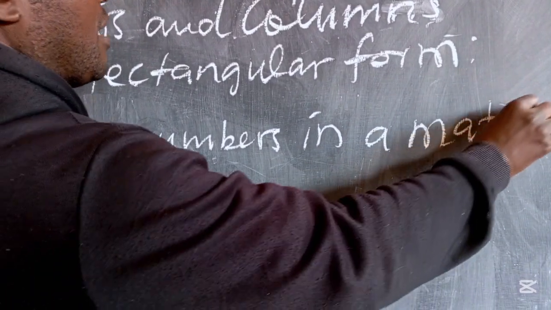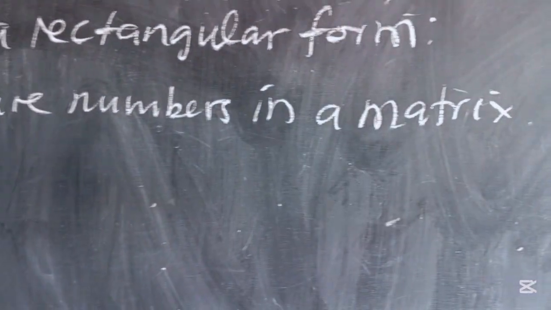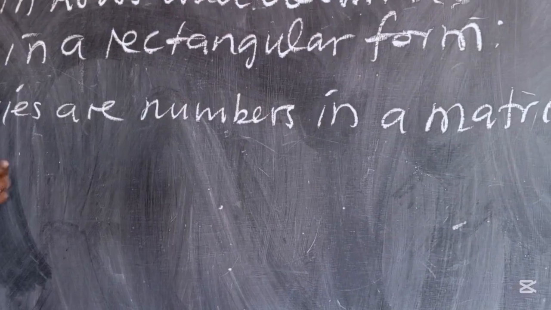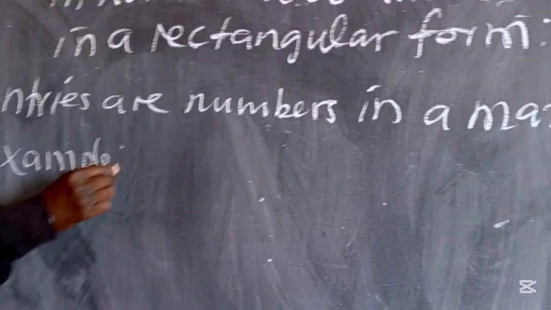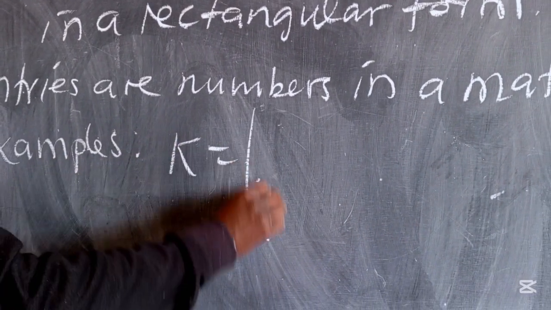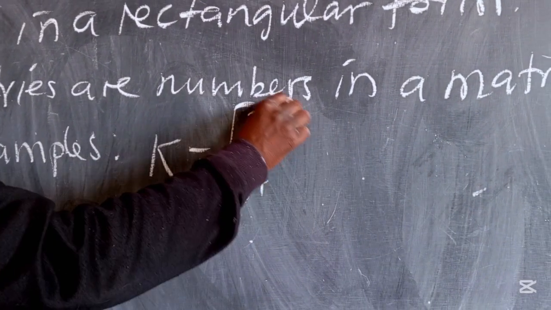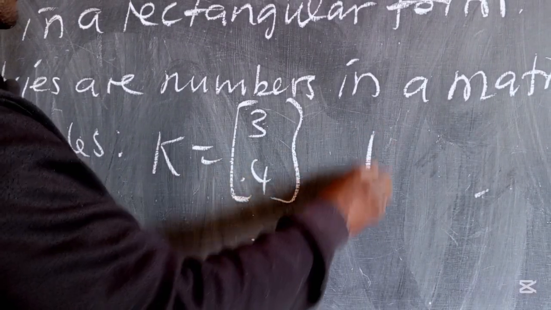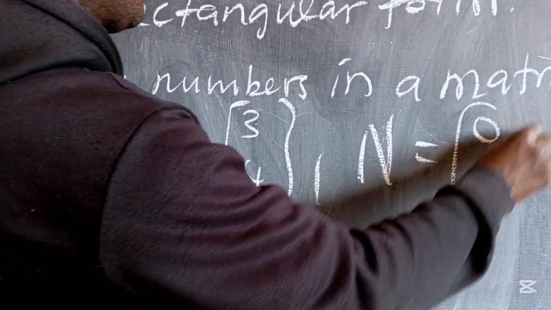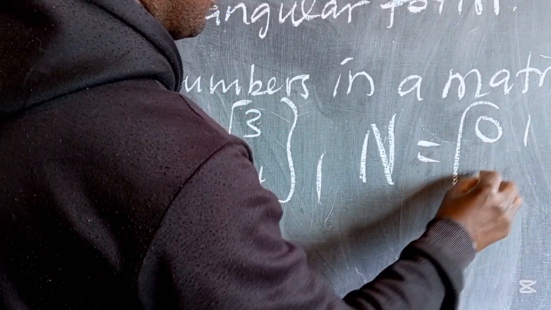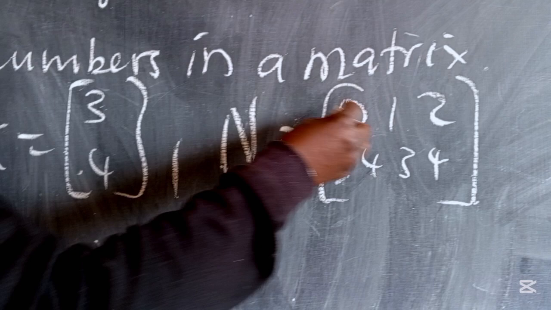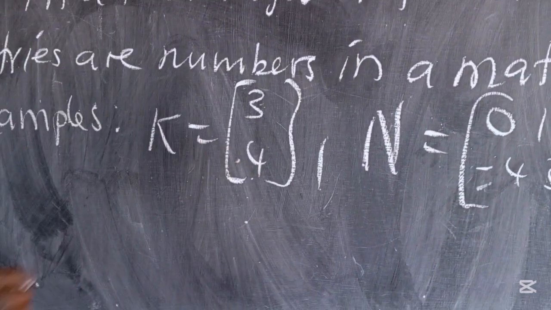So we are going to look at examples. Imagine I've got a matrix which looks like this: 0, 1, 3, 4, 3, 4. So these numbers are what we call entries.